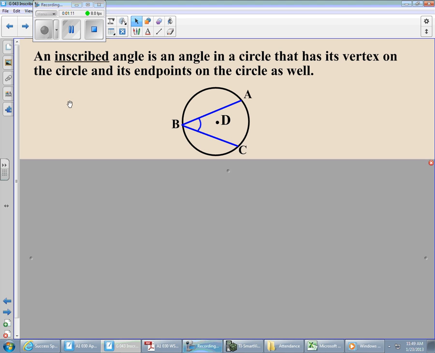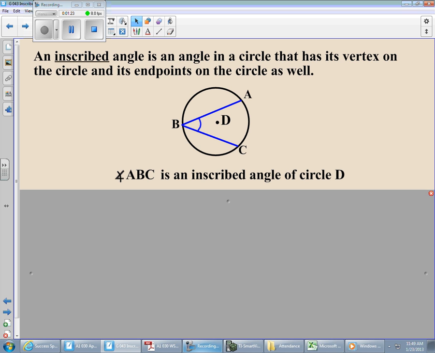Okay, so if you'd like a basic diagram to go along with that definition, then here is a possibility. And if you would like a statement describing that particular situation, well, there you go.